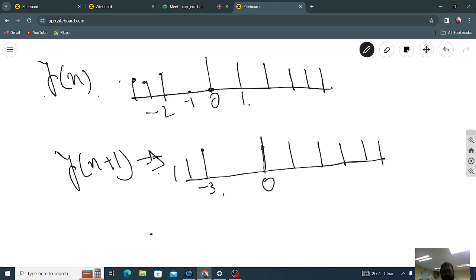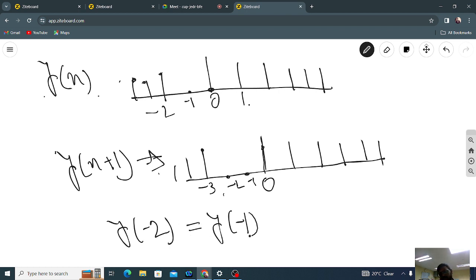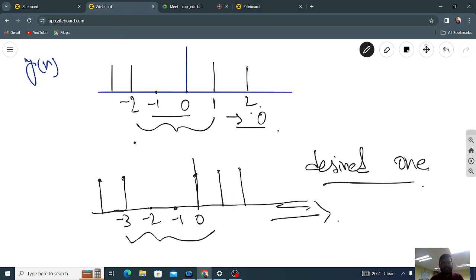So particularly y of minus 2 and minus 1 equal to 0. So just check our desired signal.